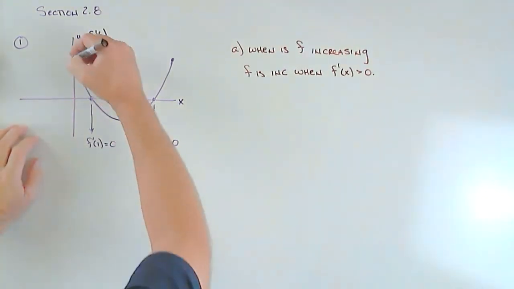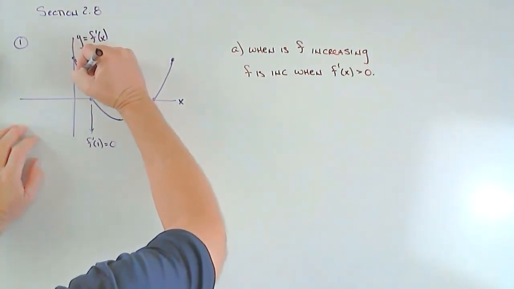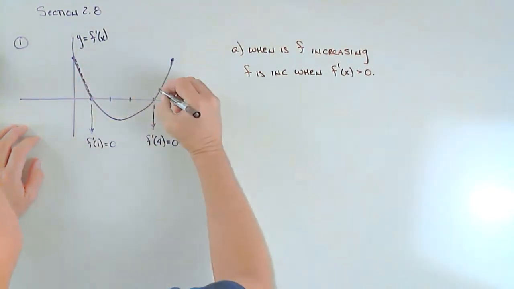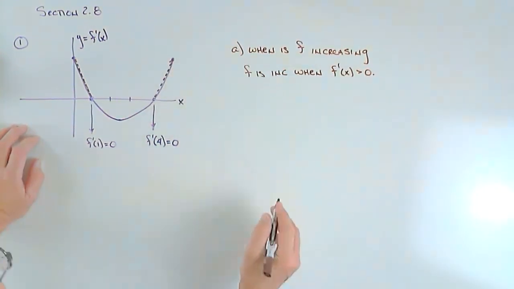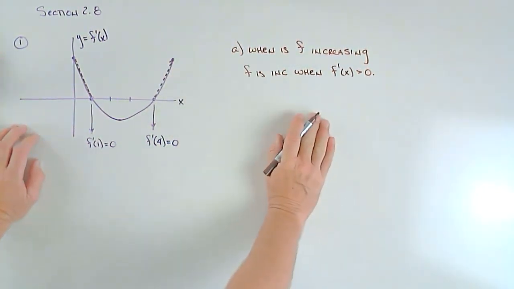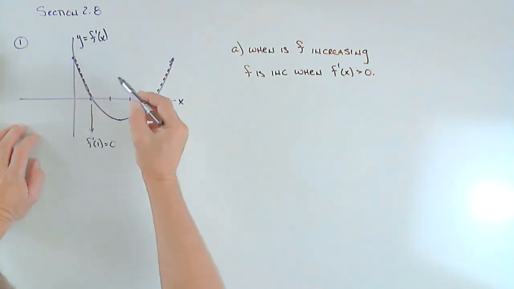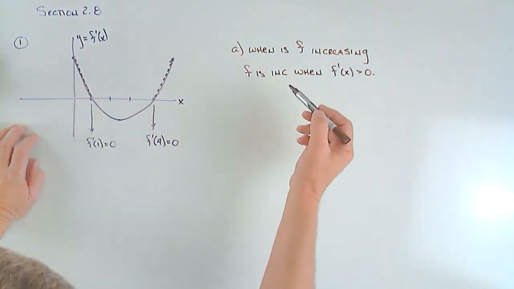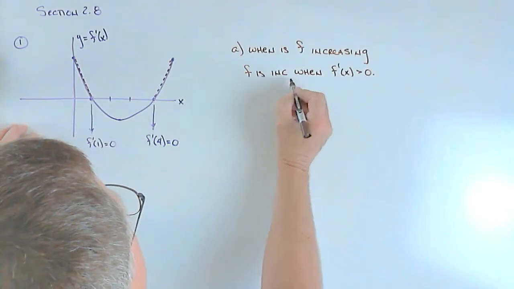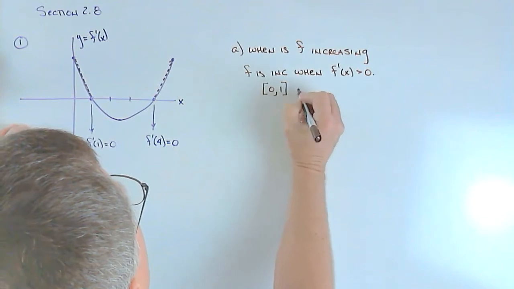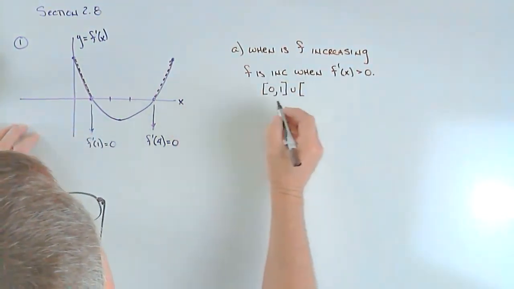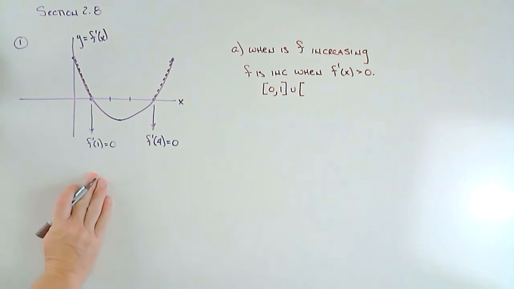Now, if we look at our graph, this part here is above the x-axis, and this part here is above the x-axis. So when is the graph of the derivative above the x-axis? That's going to tell us when the graph of the function is increasing. So f is increasing on the closed interval from 0 to 1, union the closed interval from 4 to 5.